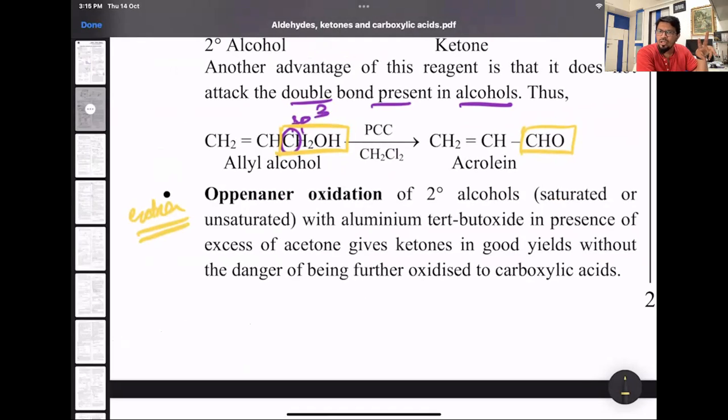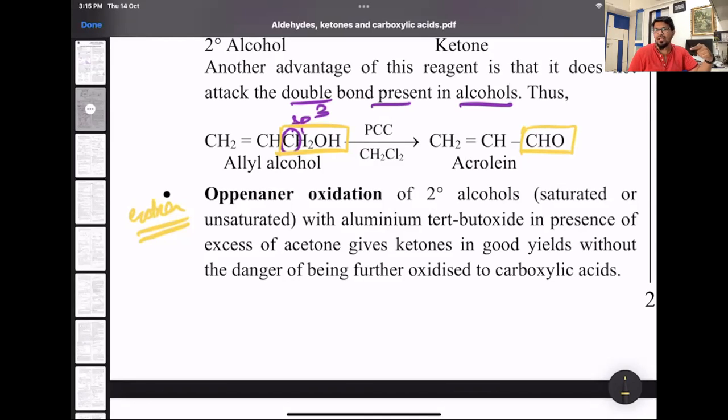Any 2 degree alcohol will get oxidized to a ketone in the presence of a reagent, aluminium tert butoxide, in the presence of excess of acetone.